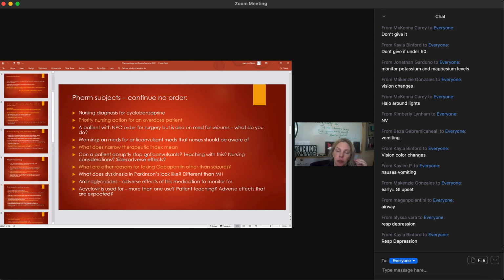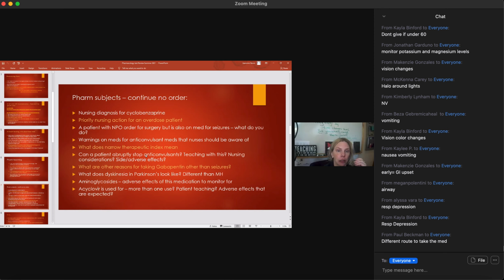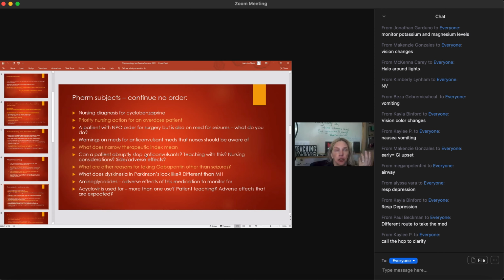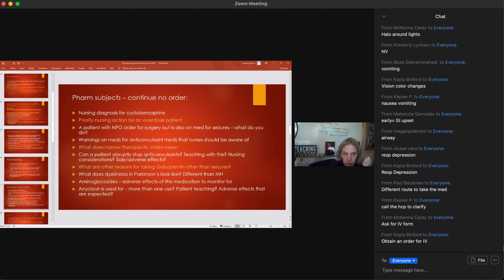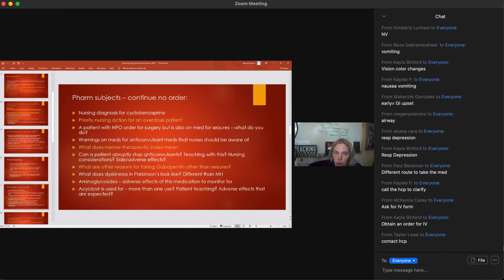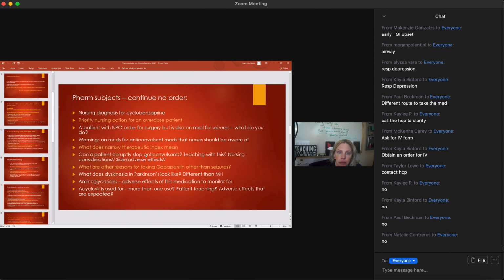What should you do in the utopian hospital to make sure that they can get their medication? Because do we want to stop seizure medication? No.